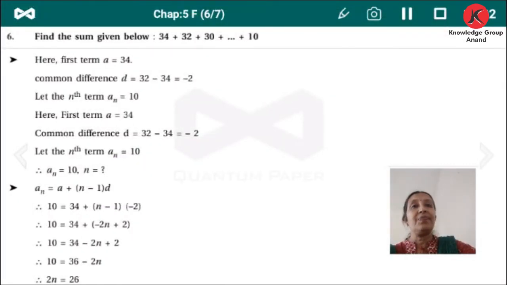Now 6th number. Find the sum of the given AP: 34 plus 32 plus 30 plus ... up to 10. Here the first term a is equal to 34. The difference is equal to 32 minus 34, which is equal to minus 2.